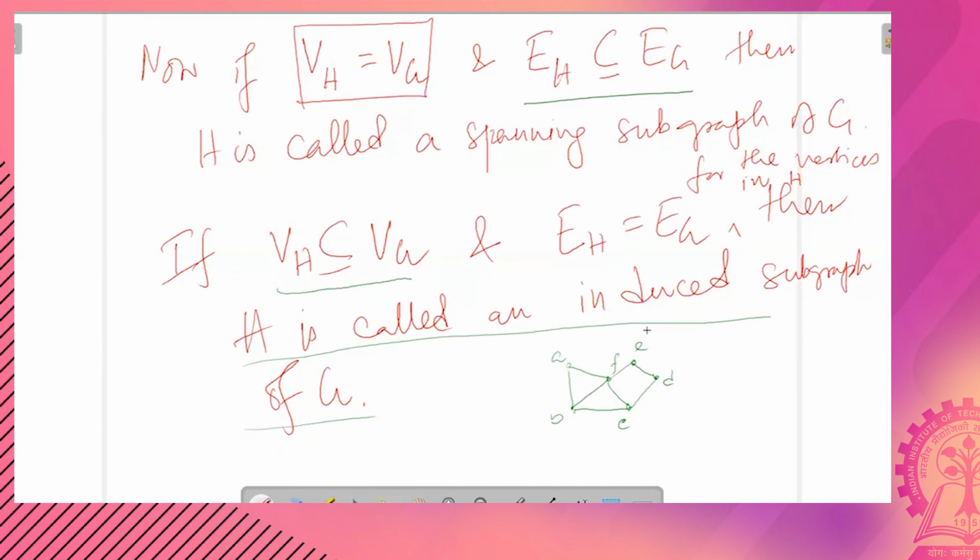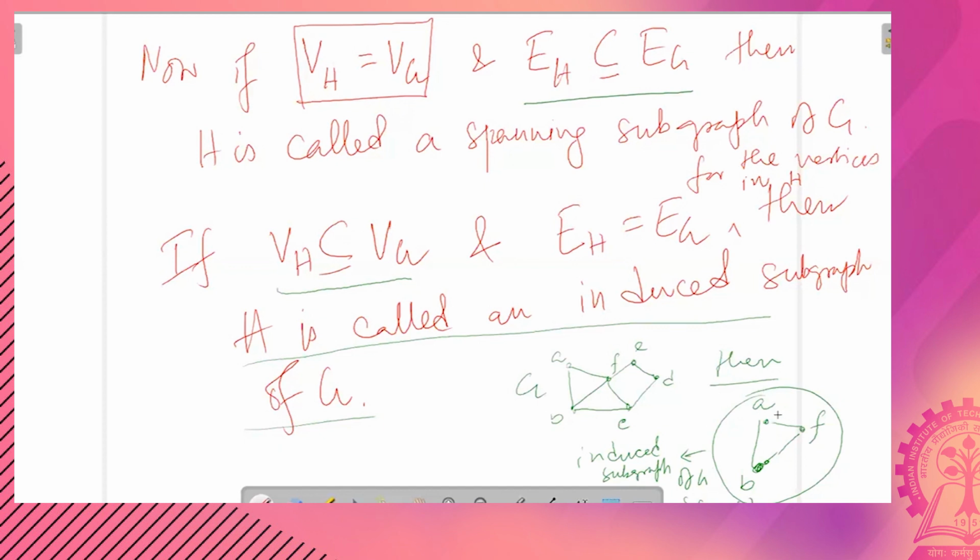So if this is G, then AFB is an induced subgraph of G on the vertex set ABF.